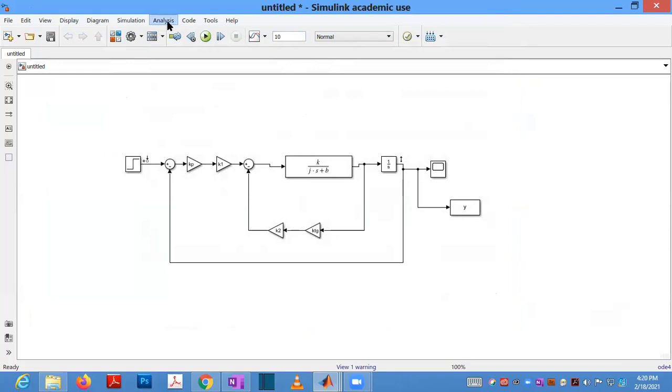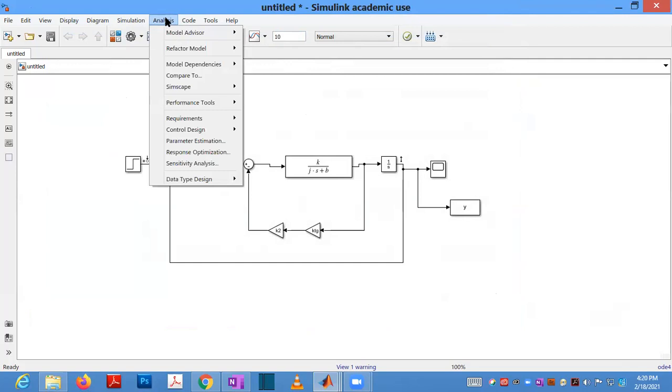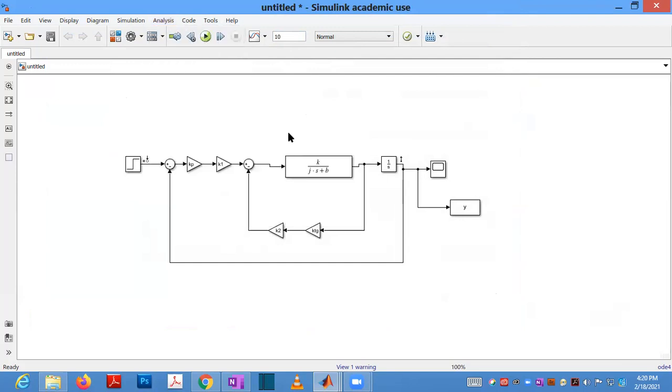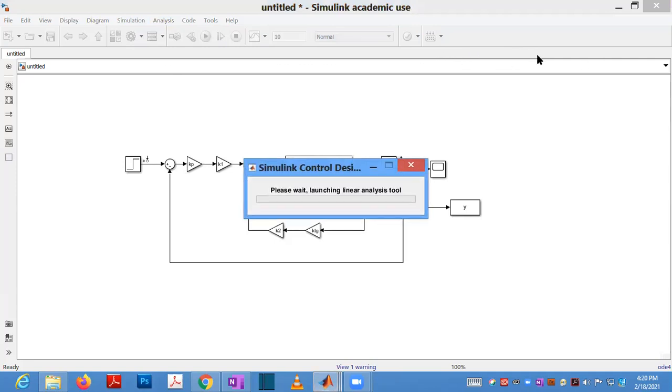Then go to analysis, control design, linear analysis. Otherwise, if you are using 2020, that control design will be there here, and the linear analysis tab will be there.